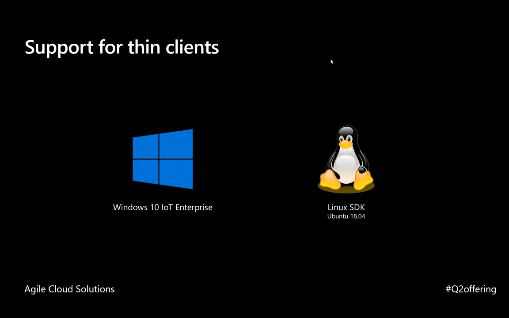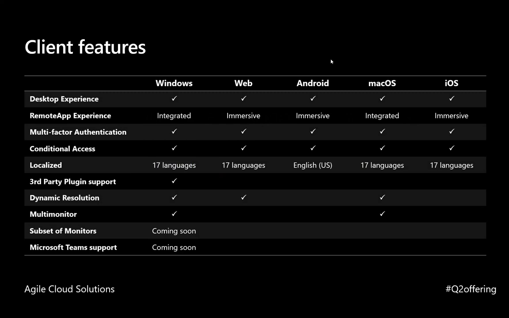A whole lot of it: in terms of the user experience, in terms of security and authentication, in terms of accessibility under different languages, in terms of the plugins, in terms of automatic screen adjustments, and a lot more.